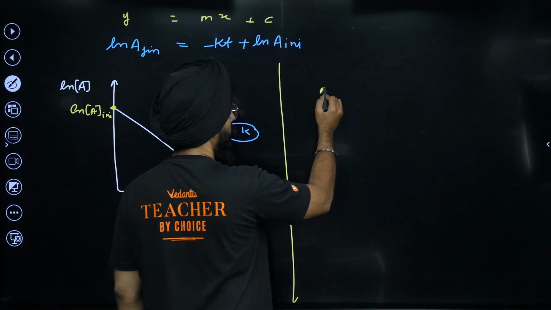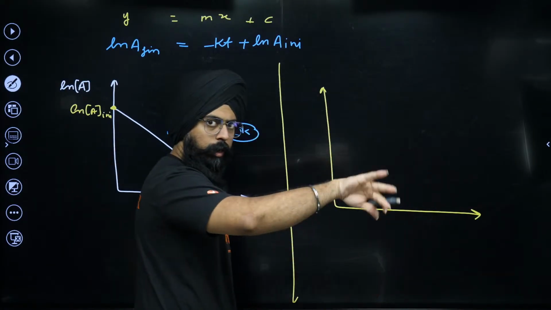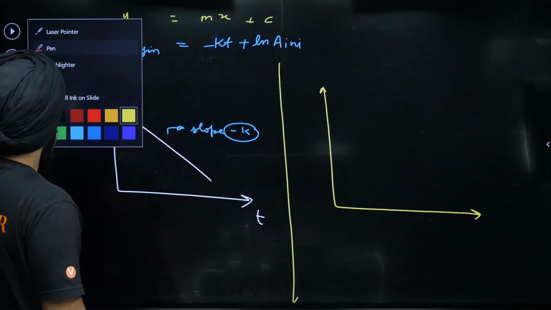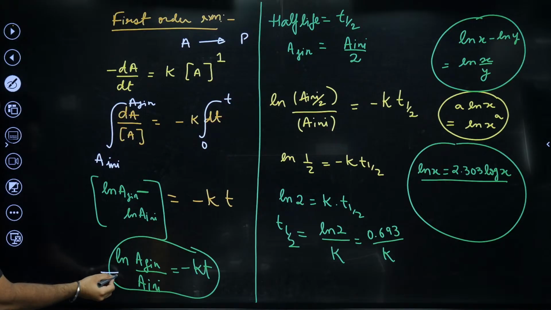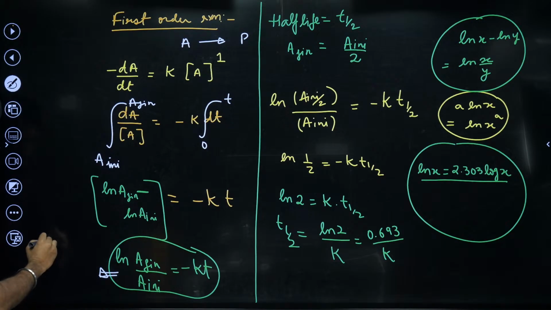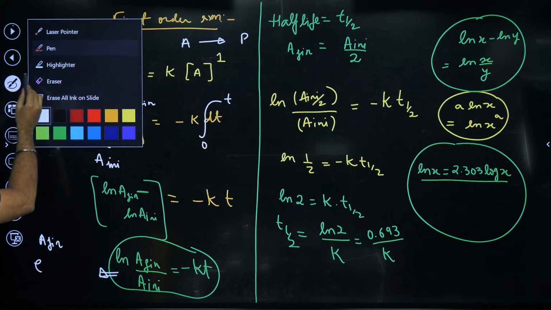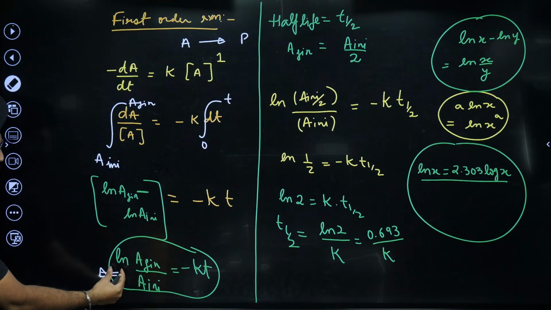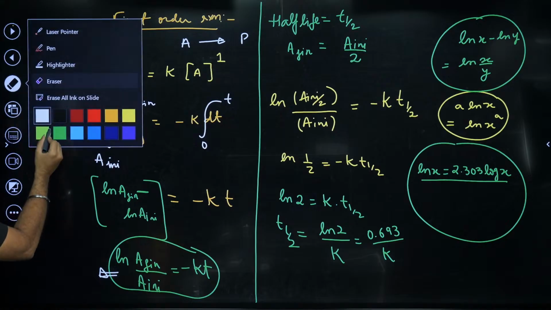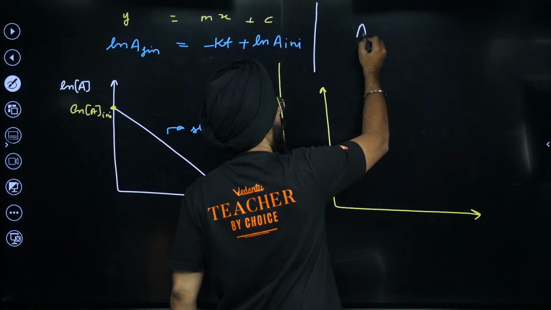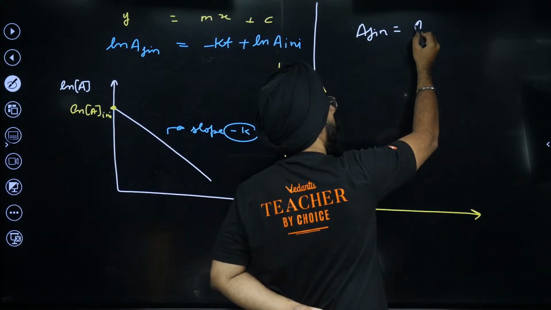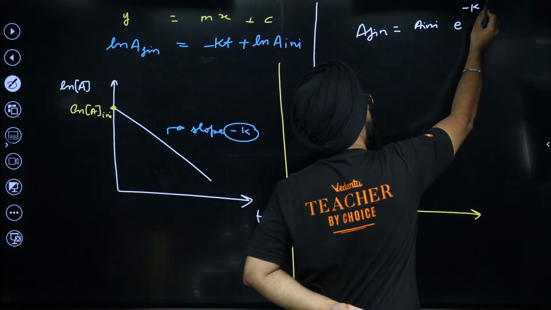And if we were to convert this graph into an exponential graph, what we can do is take e to the power on both sides. So if I do e to the power on both sides, this will come out of the log. So I can say that A final upon A initial is equal to e to the power minus KT. So I can write A final is equal to A initial into e to the power minus KT.